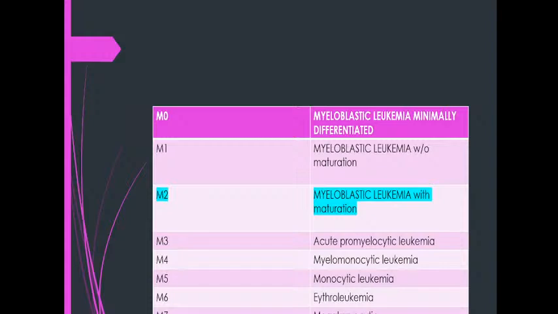Look carefully at everything. From M0 to M4, everything is associated with granulocytic precursors. Then, suddenly, with M5, we move to a monocytic precursor, then an RBC precursor and a platelet precursor, right? So, medyo mapapadali yung pagme-memorize ninyo.